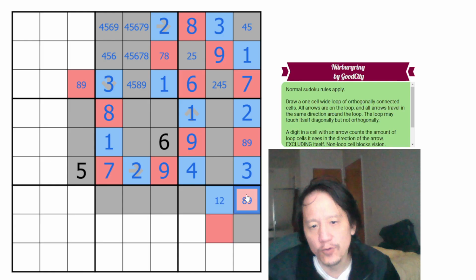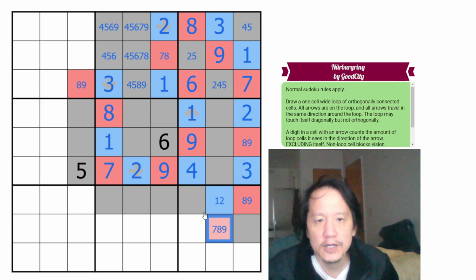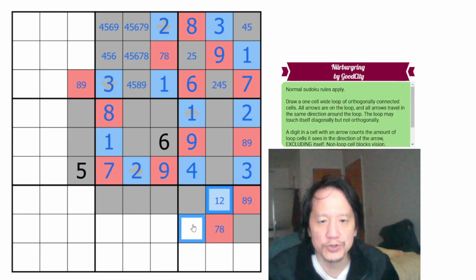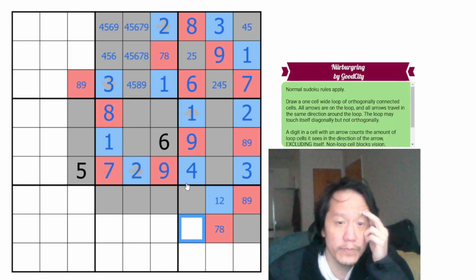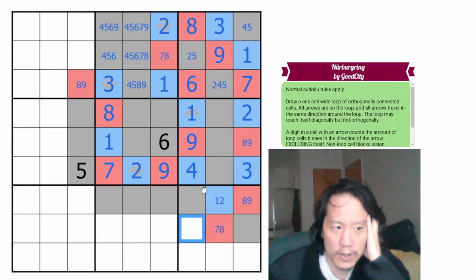It can never be 4, because that has 2 unique digits next to it. So this is 7, 8, or 9. It can't be 9. Can't be 6, because it would also have to continue on the loop, and that's 2 unique digits there. So it could be here. It could be here. This is 8 or 9.